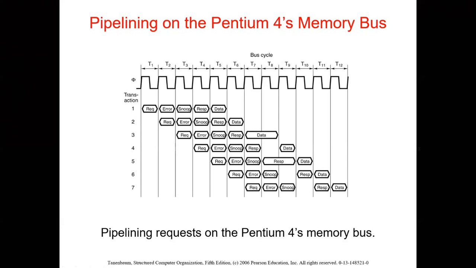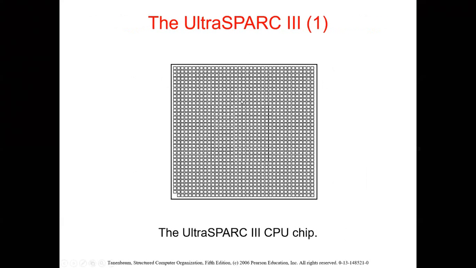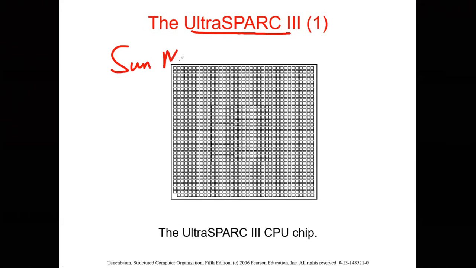I think this textbook actually has a lot of things, right? And UltraSPARC. Okay, Pentium 4 and UltraSPARC are different things. Who is using UltraSPARC? Sun Microsystems. And Sun Micro is now actually dead.